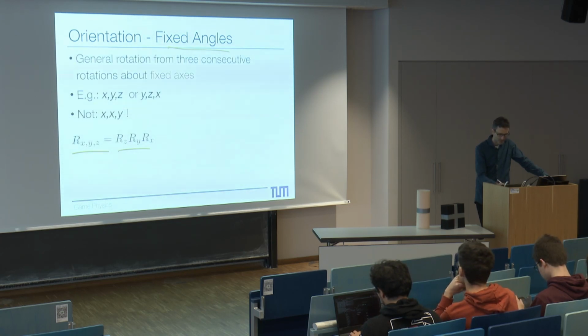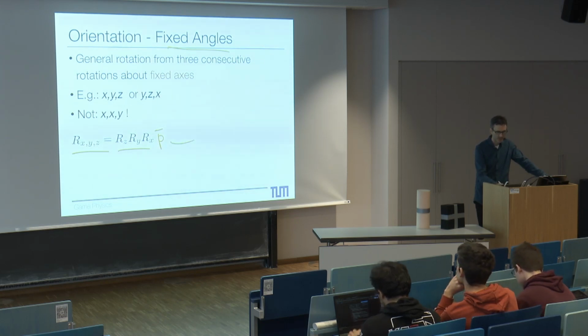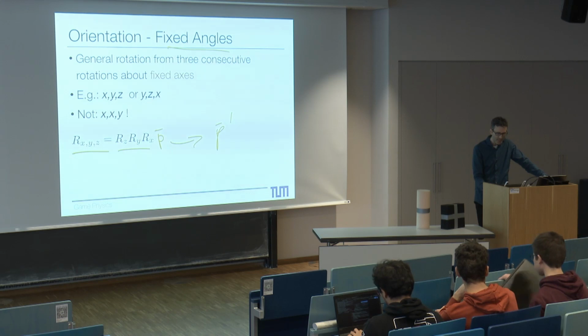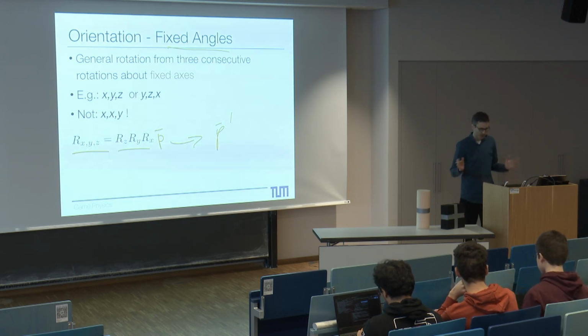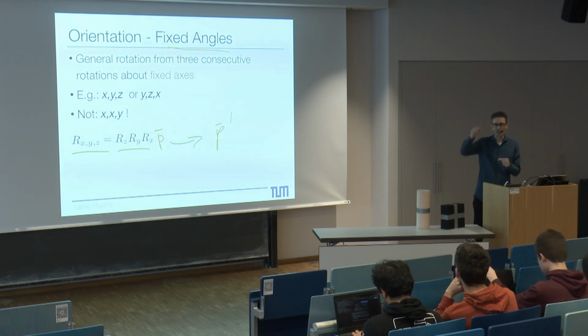You could just multiply this with a point, and then effectively you would first rotate it around x, around y, around z, to give you some rotated point that we call p dash. In a way this works, right? So we can express any target rotation by this.